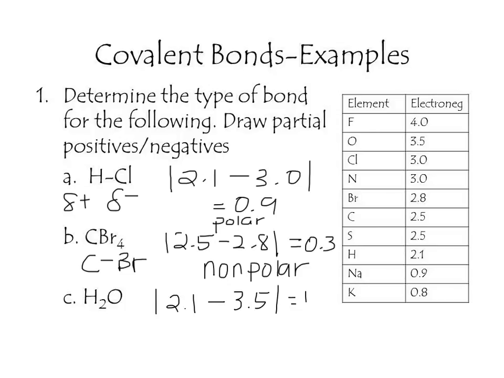So you should end up with 1.4. And this falls in our polar category. Now that we know that this is a polar bond, I can go ahead and write the delta minus and delta plus, which are the partial negative and partial plus. Oxygen is 3.5 and hydrogen is 2.1. So since 3.5 is larger, that means the delta minus belongs underneath the oxygen, and the delta plus belongs underneath hydrogen.